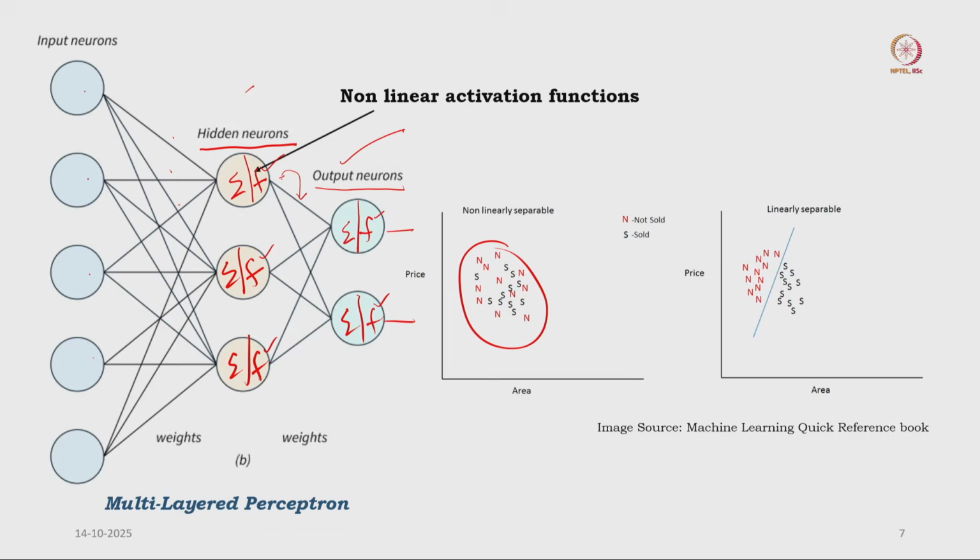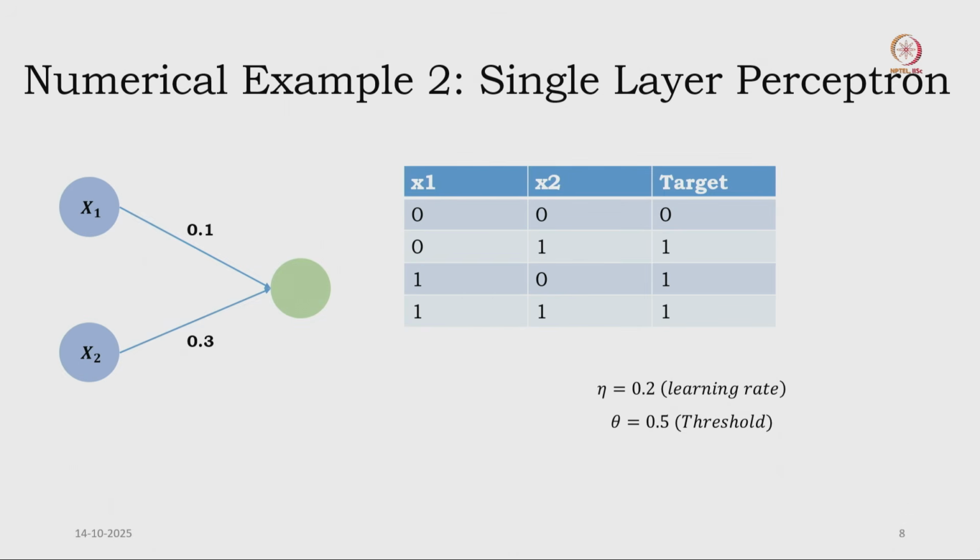So this is all about the different types of perceptron. We have two types, single layer perceptron and multi-layer perceptron. Now let us take the second numerical example, where we will still be solving using a single layer perceptron only, and here we are taking an OR truth table.